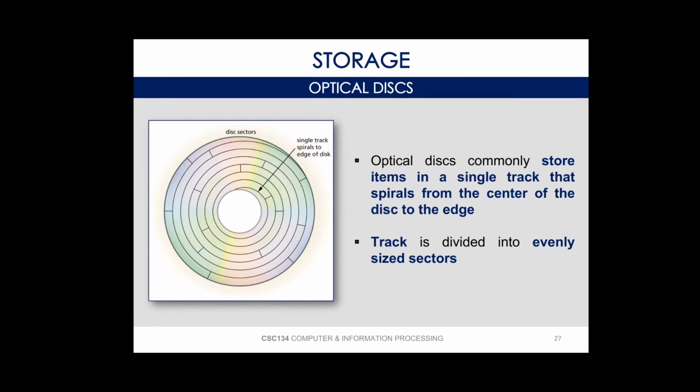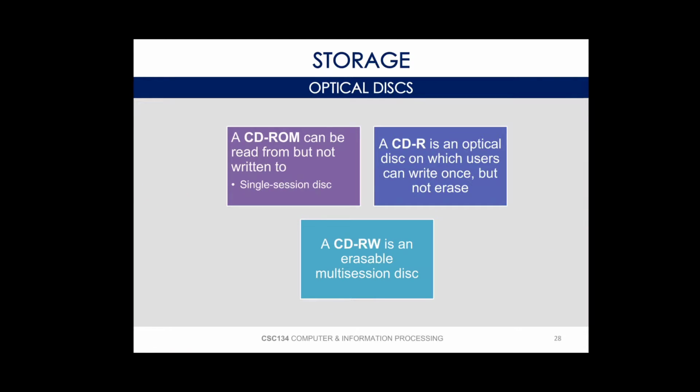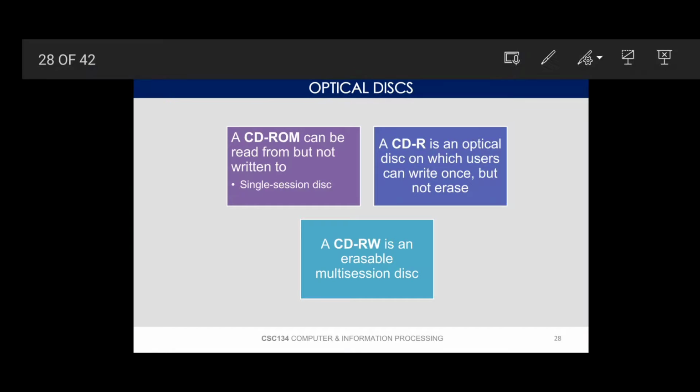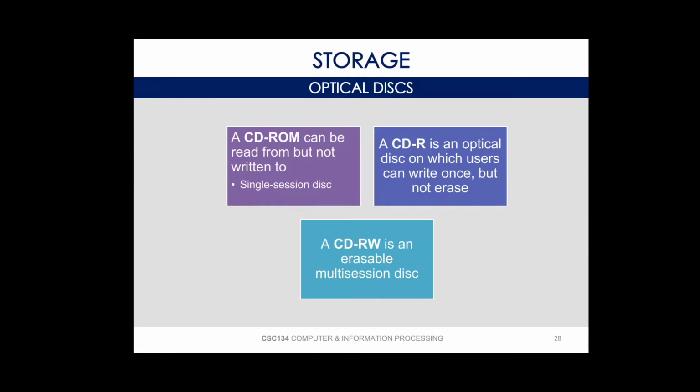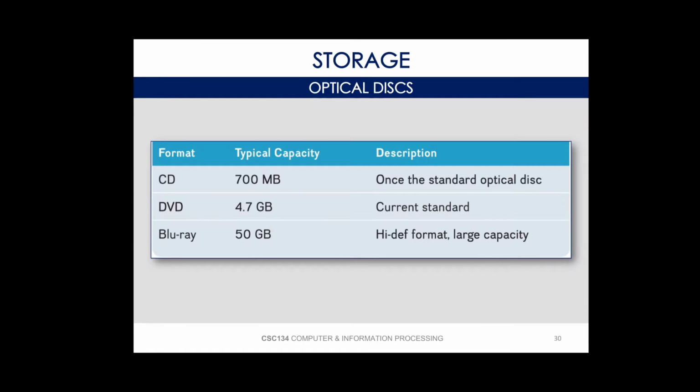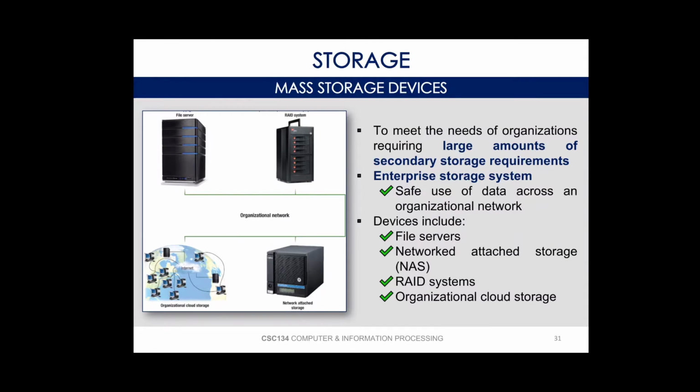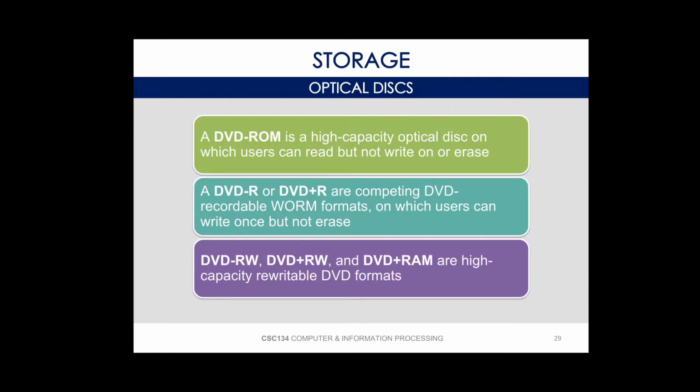Then there is the optical disk. Optical disk is, as we know, the CD-ROM, CD, that round object, which is also portable, and just like the flash drive, memory card, and USB device, you can store your information and data and take it anywhere.